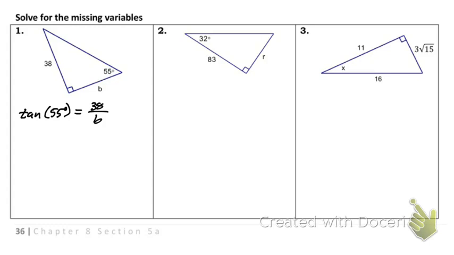But you can also do all the math: multiply both sides by B, find the reciprocal of both of them. I'll just do the work. Multiply both sides by B. We'd have B times tangent of 55 degrees would equal 38. Divide both sides by tangent and we come up with B equals 38 divided by the tangent of 55 degrees.